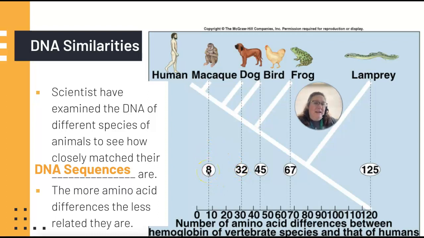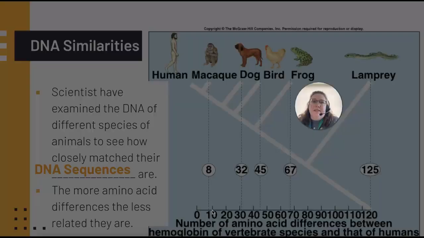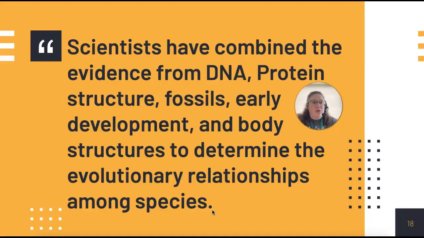There are only 8 amino acid differences in their DNA sequence than us, meaning that way back in time, we might have had, way down here at the 120 million year ago line, a common ancestor way back here. And this common ancestor might have been somewhere like 10 million years ago or something like that. But the point is that's another piece of evidence that we use to show how populations have changed over time.